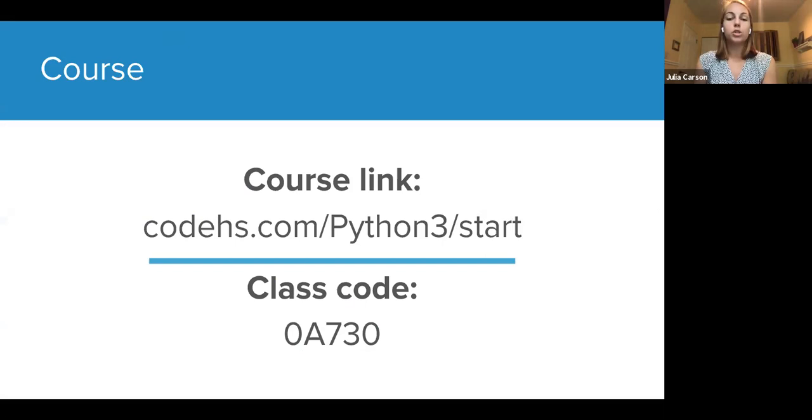So once you go to the site, you might be prompted to log in to your account if you already have one. If you don't have an account, you'll be prompted to create one. And then you can join the class using this class code, and that will give you access to all of the content until we're ready to fully launch the course later in July.